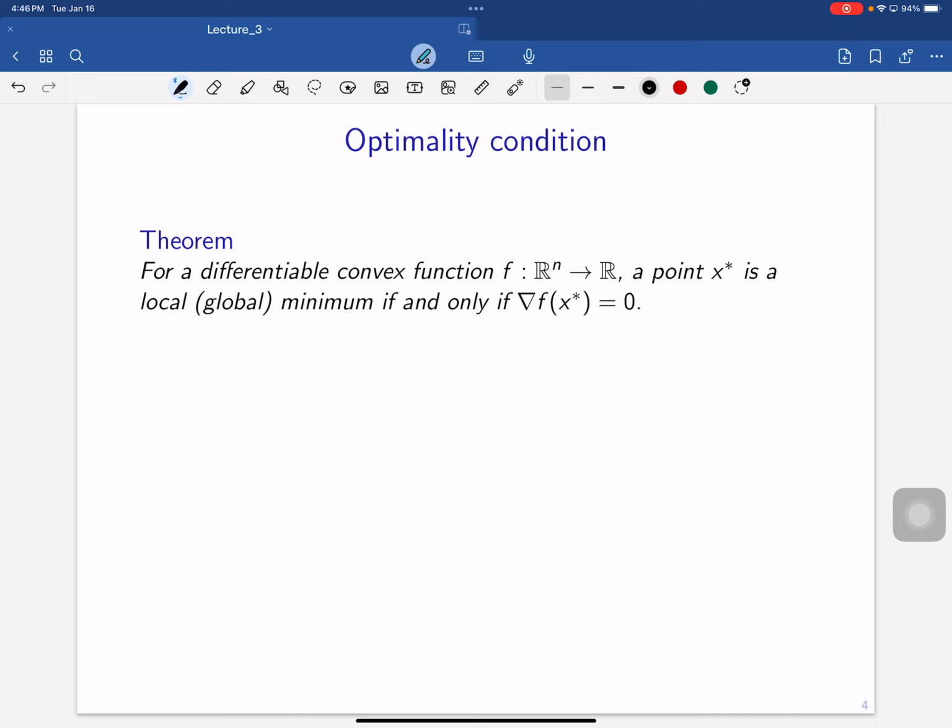So first of all, we are going to show the first direction, necessity. This is a necessary and sufficient condition.